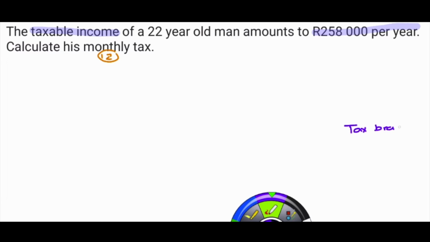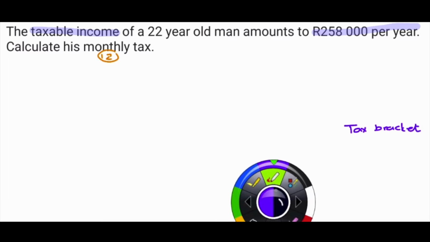They give us the taxable income of 258,000 per year, which means my first step is to see in which tax bracket that income falls. After that, I need to subtract the rebate, and then my question asks to calculate his monthly tax, which means I need to get the monthly tax. I write everything I need to do on the right-hand side so that I don't forget a step.